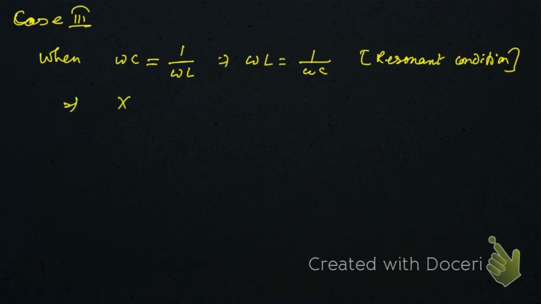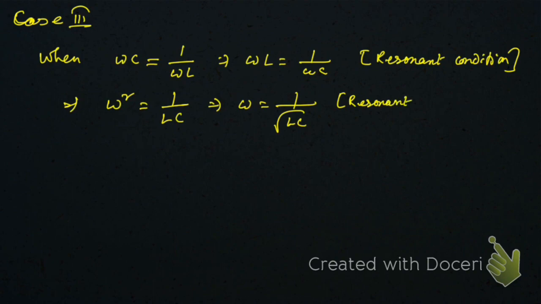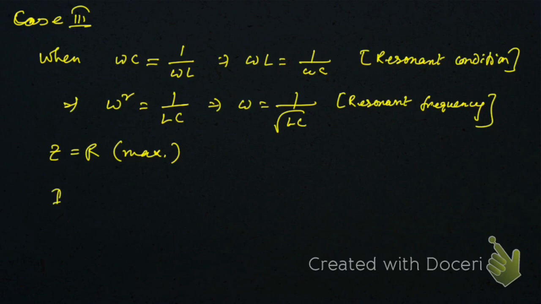If you simplify this, you will get omega square is equal to 1 by LC, so omega is equal to 1 by root over LC. This is the resonant frequency. And in this case, Z is equal to R, and the maximum current will be E naught by R.